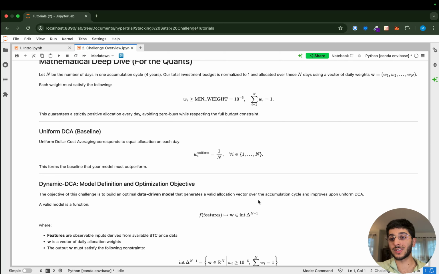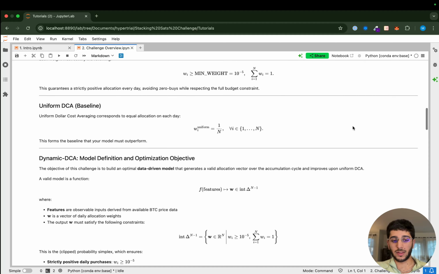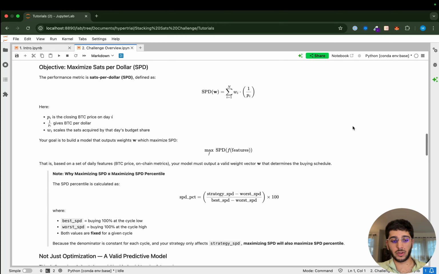But then your model is now forward-looking, and you've leaked information from the future, because the whole assumption is your weights are being generated by features, and that means that, let's say, at any day k, you shouldn't really know what your final weights k plus 1 through n are, because then that uses features from day k plus 1 all the way through day n. This is the obstacle that we're really dealing with here.